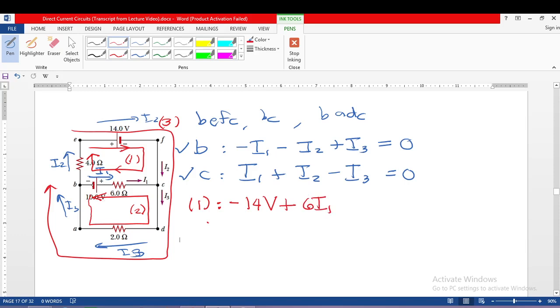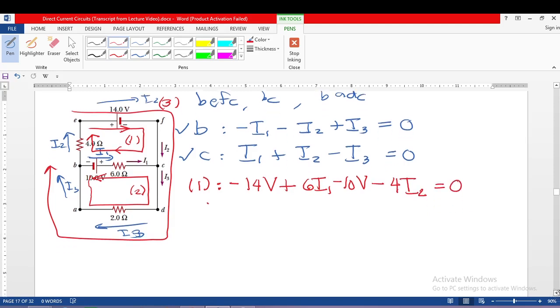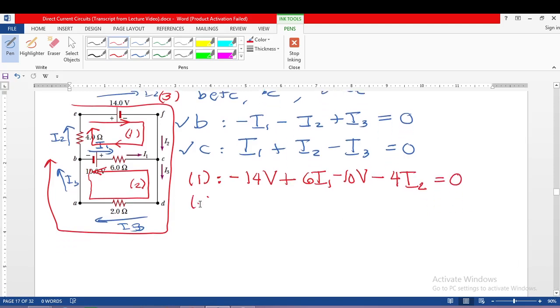Again it is pointing at the negative terminal of the battery, so the voltage is negative 10 volts. And for 4 ohms, I2 is in the same direction as the loop, so the voltage across 4 ohms is minus 4 I2, equal to 0. That is for loop 1.